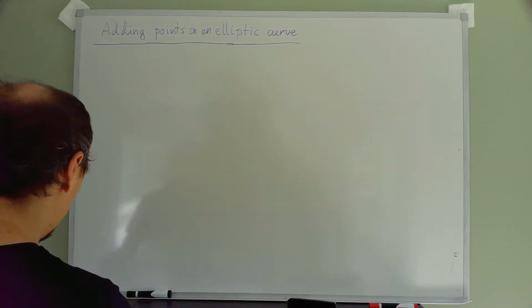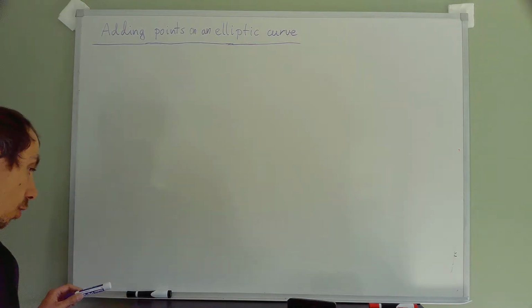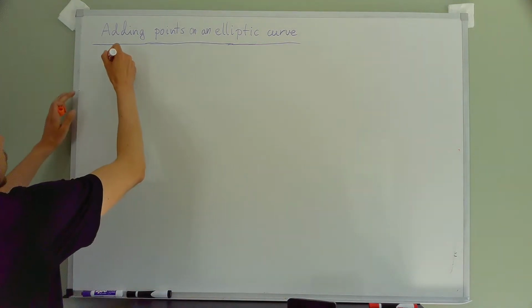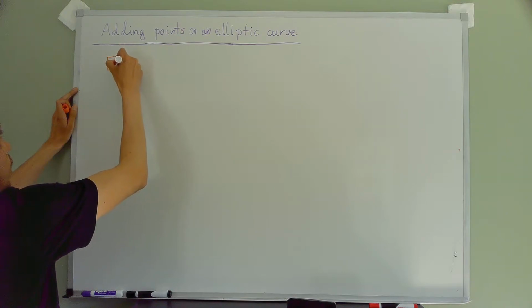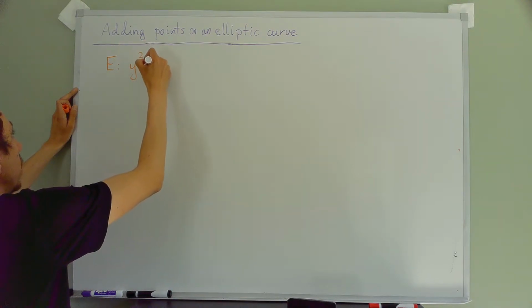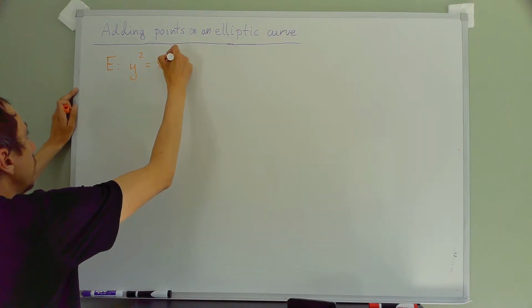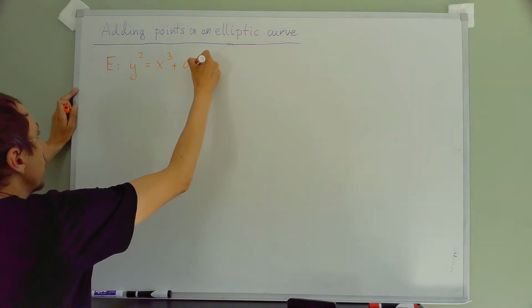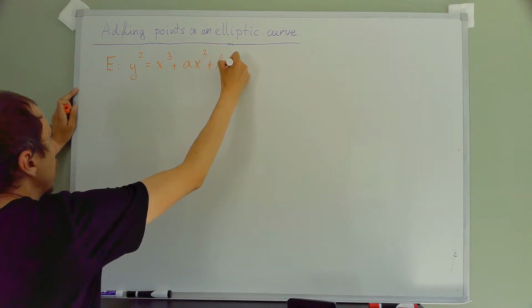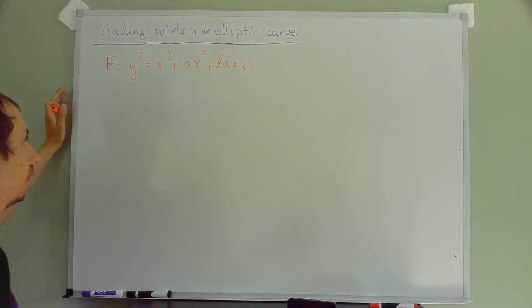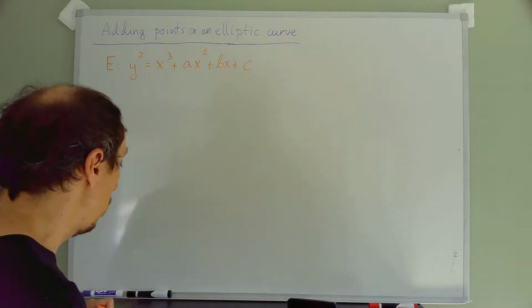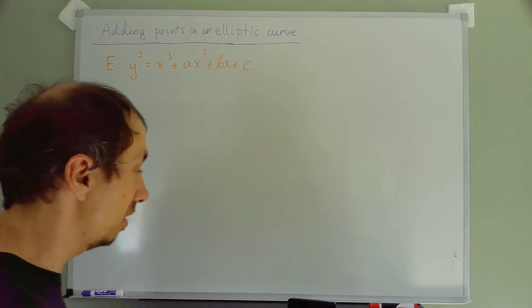So let's take an elliptic curve, an equation of this form: y squared equals x cubed plus ax squared plus bx plus c. Okay, so here is a graph of it. The graph you've already seen.